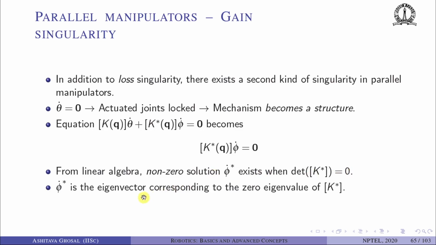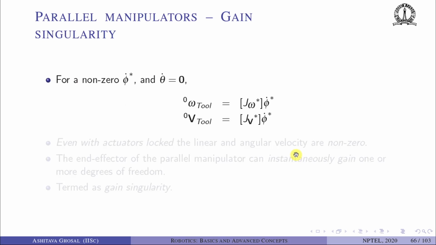It is nothing but the eigenvector corresponding to the 0 eigenvalue of k star. Okay, so this is well known in linear algebra that Ax equal to 0 has a non-trivial x when determinant of A equal to 0.